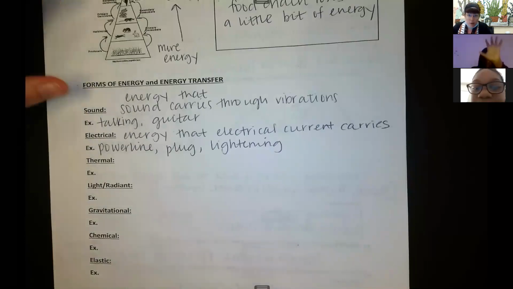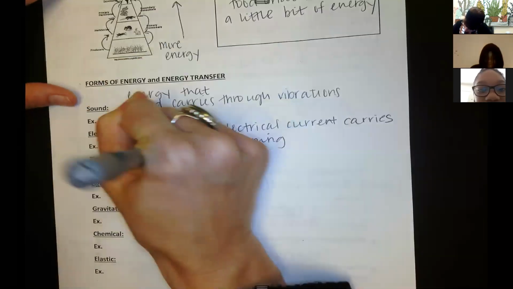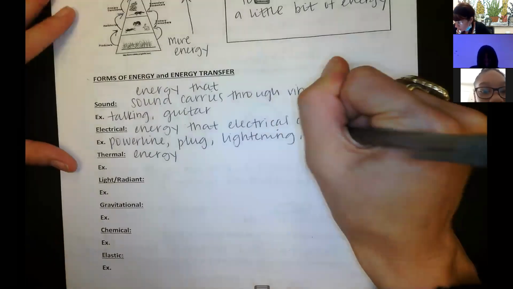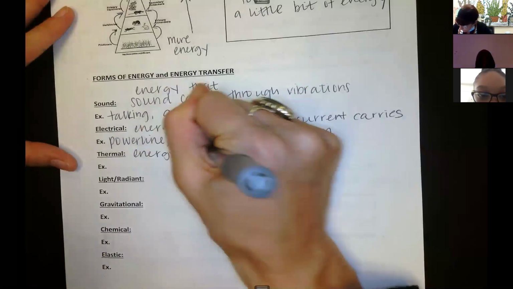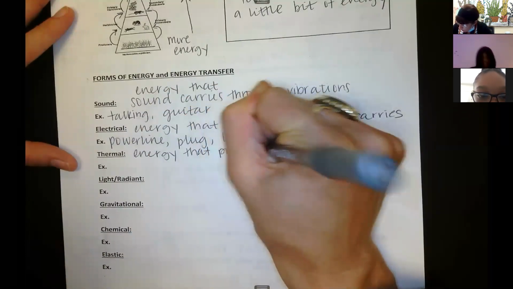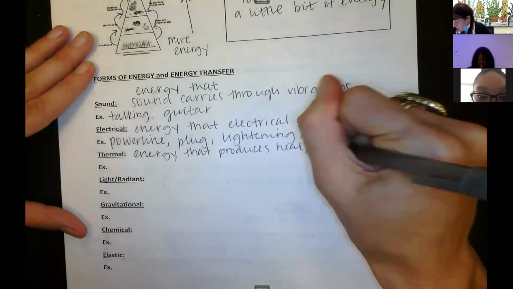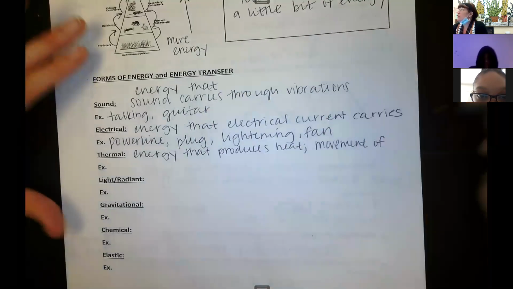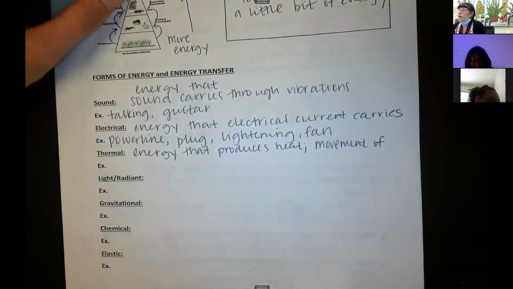Bishop. Yeah, this is a form of energy that produces heat. A fan? Okay, that was Micah who said a fan for electrical. So energy that produces heat. This is also known as the movement of air molecules, right? If something's cold, does it still have thermal energy?